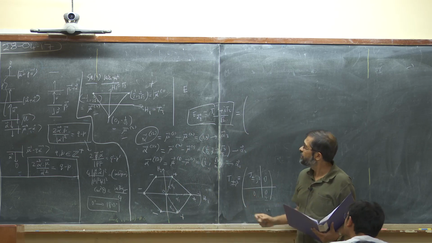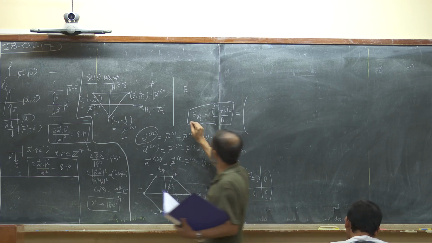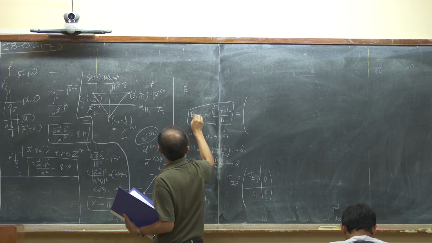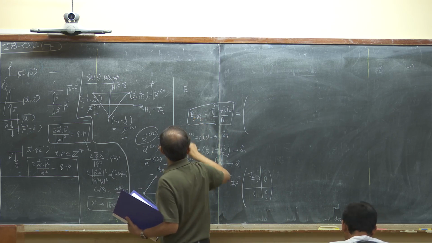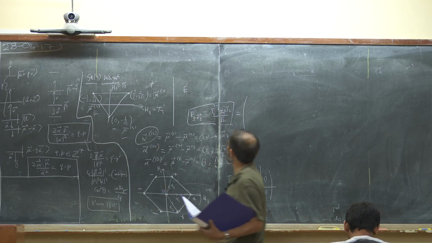So let me say that E plus minus alpha 3 are just these combinations.